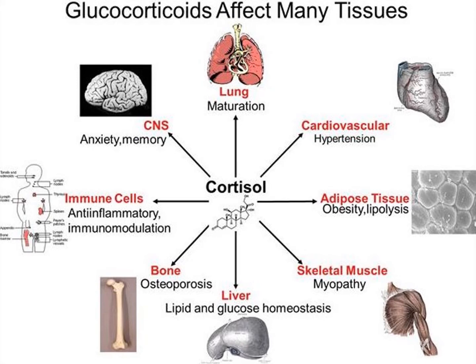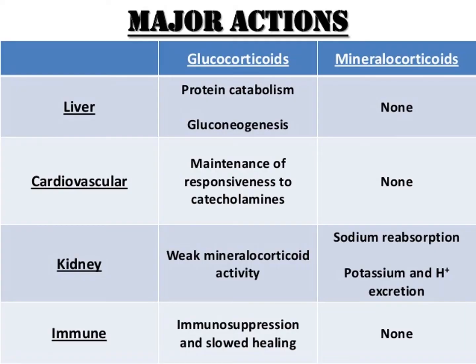In bones, it has catabolic effect, that is osteoporosis. In liver, it has certain anabolic effects, lipid and glucose homeostasis. In skeletal muscle, it has catabolic effect, myopathy. In adipose tissue, it causes obesity, lipolysis, lipogenesis predominates, and fat redistribution or fat deposition occurs.